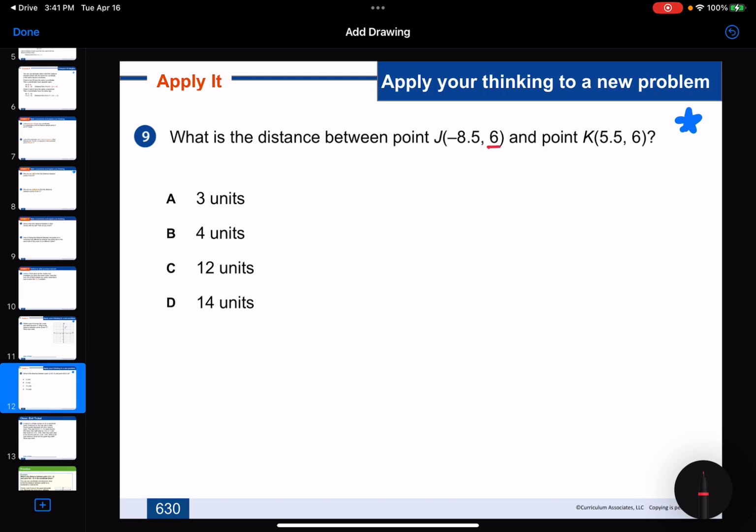So what are the distances between these 2 points? Well, the y values are the same, right? So if you think about this, trying to picture that, the y values are up here at 6 for both of these points. One's over here in the second quadrant, and the other one's over here in the first quadrant. They're on the same horizontal line, but just in different x positions, right? So because the y values are the same, and because we're moving quadrants, going from quadrant 2 to quadrant 1, we can actually add those distances.